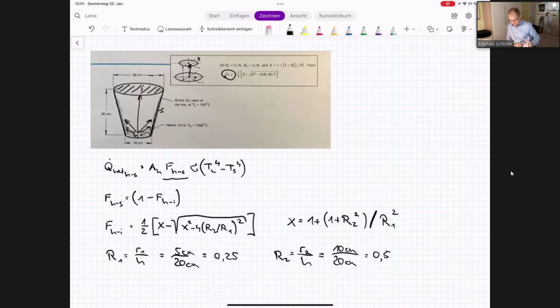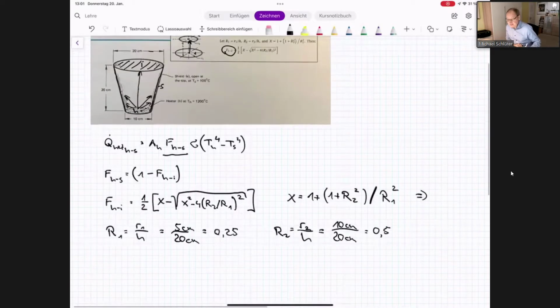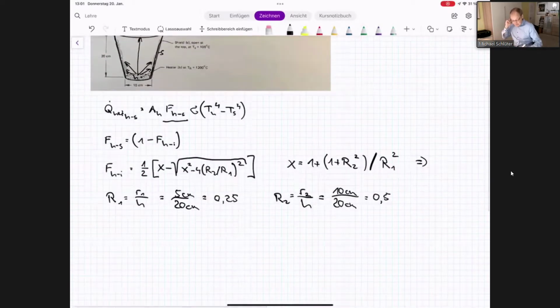Okay, and now we can calculate x. This means x can be calculated, and the details bring us x.